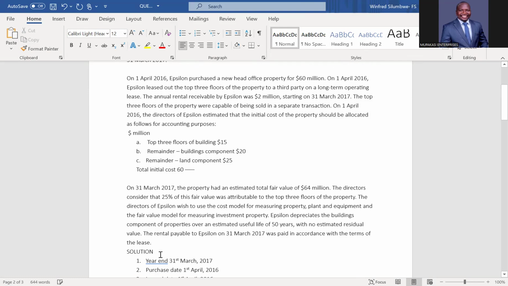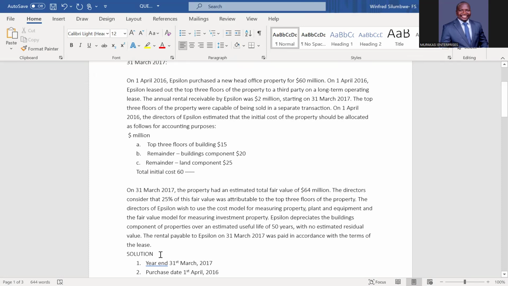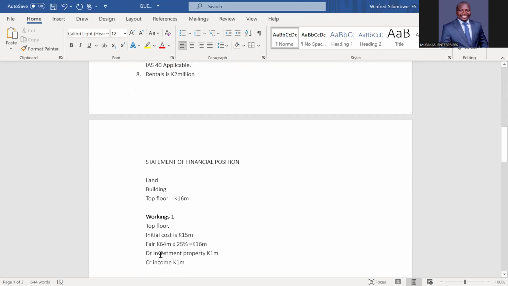How much is the initial cost? The initial cost of land is 25 million.